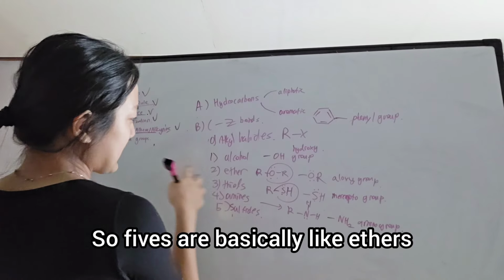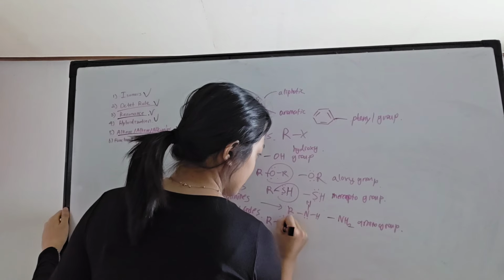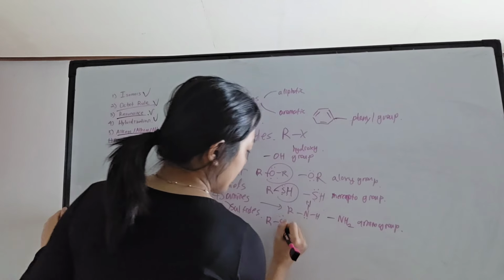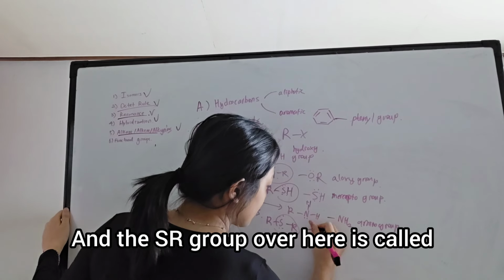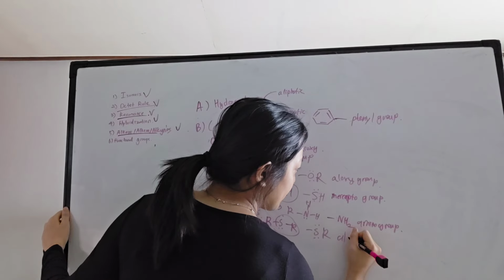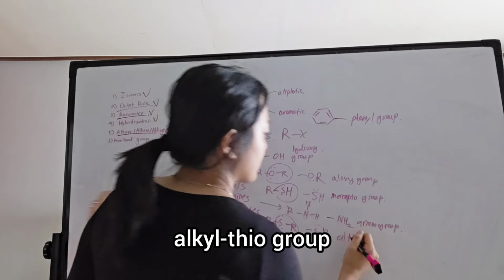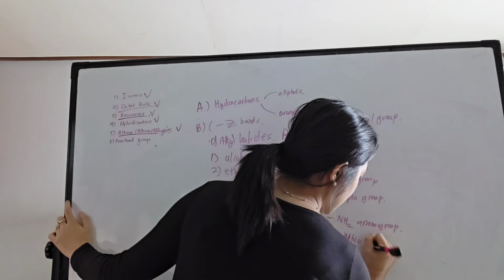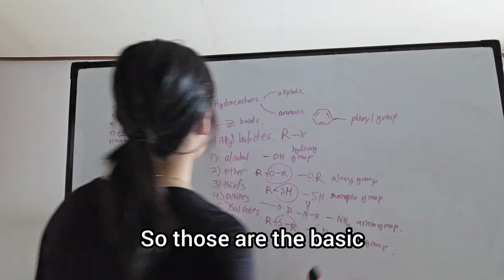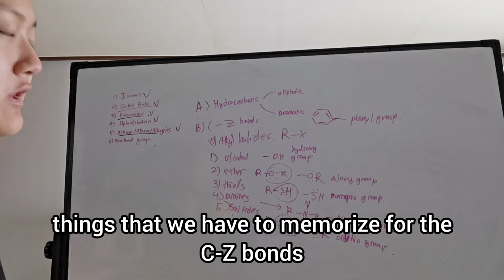Sulfides are basically like ethers, but in place of O, there's now an S. Like this. And the SR group over here is called an alkylthio group. So those are the basic things that we have to memorize for the C-Z bonds.